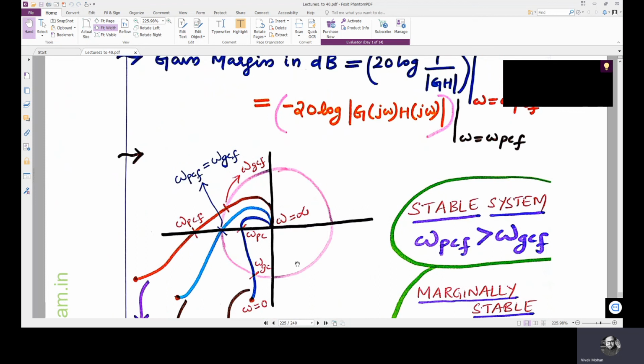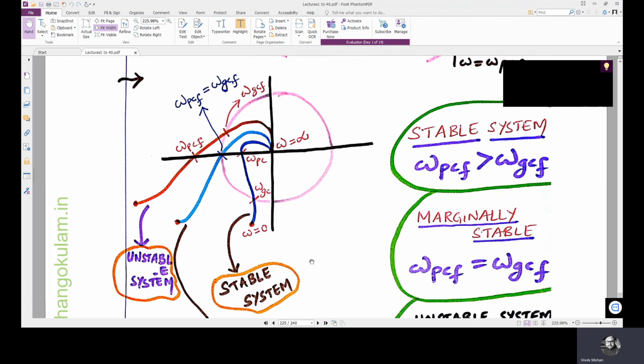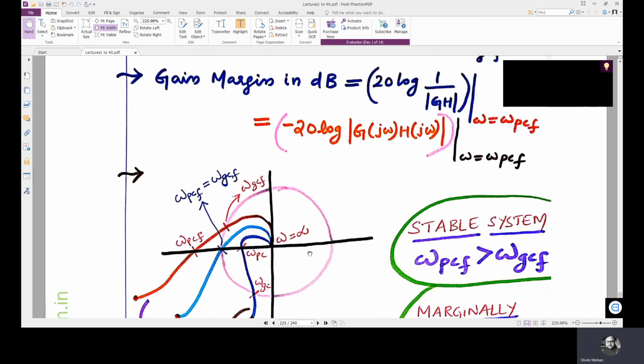So please use this figure to get the concept of phase margin, gain margin, phase crossover frequency and gain crossover frequency, and the condition for stability, instability and marginal stability through the polar plot with the help of the corresponding mathematical definitions for gain margin and phase margin.